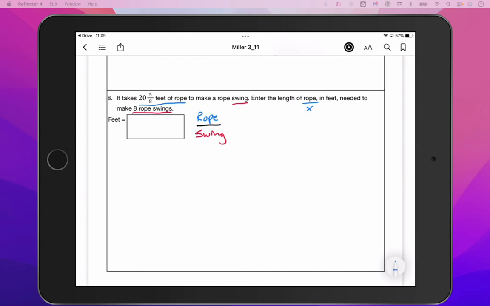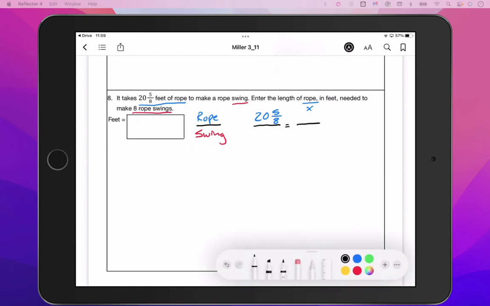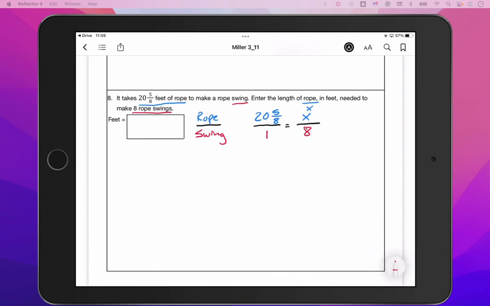So we will have 20 5/8 rope to make 1 rope swing. And we don't know how many feet of rope to make 8 rope swings.